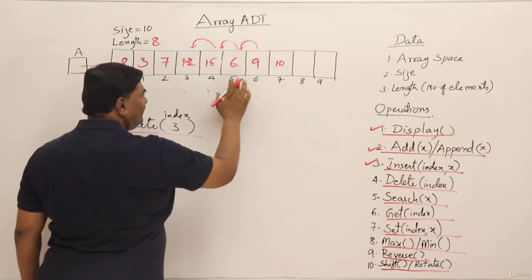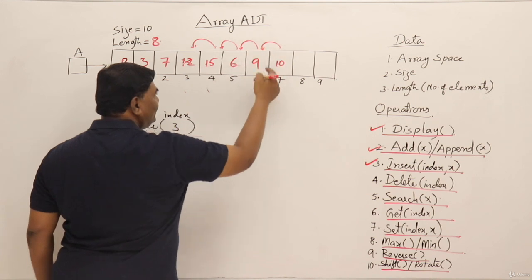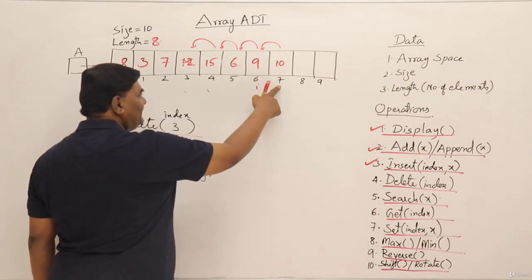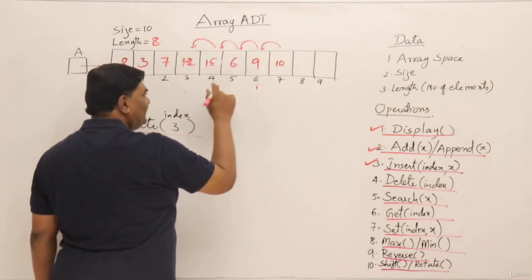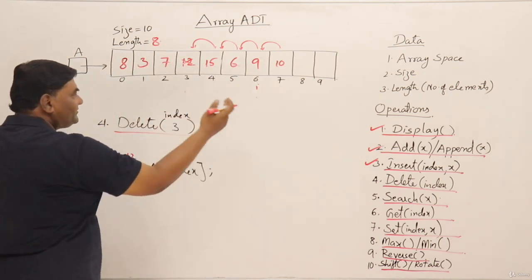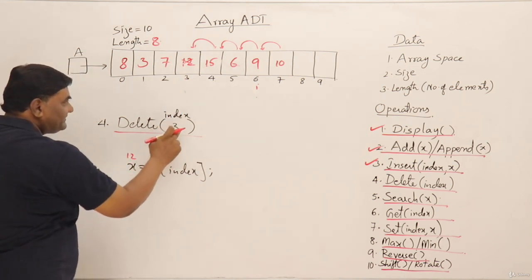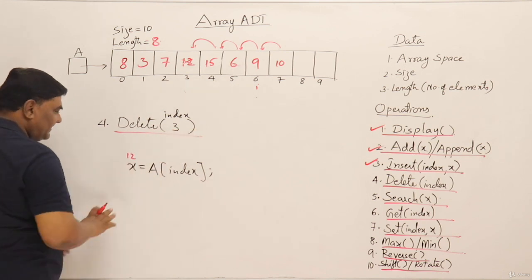So it's going in the forward direction, and move I, then shift the elements. I should not move further because this is the last index where I have an element, that is length -1. So I should stop before length -1. So I should shift all the elements one by one, starting from a given index and reaching till length -1 location or before length -1.